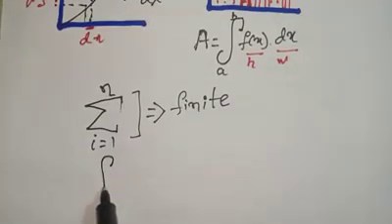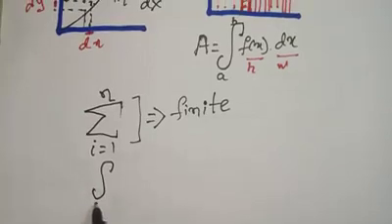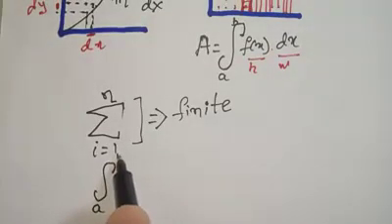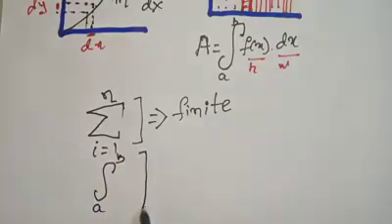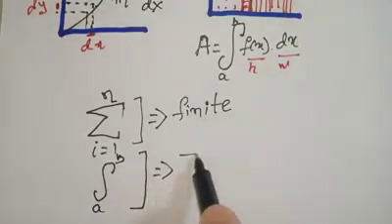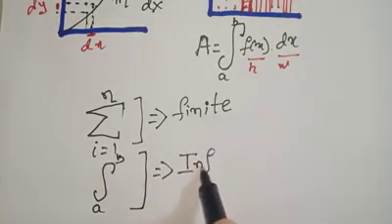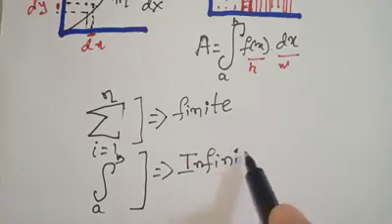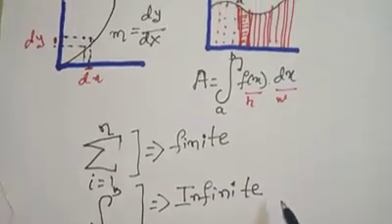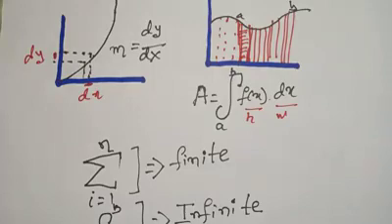If I use an integral sign, say for example from base a to b, this means that it is infinite. Infinite in the sense infinitesimal small areas which are considered.